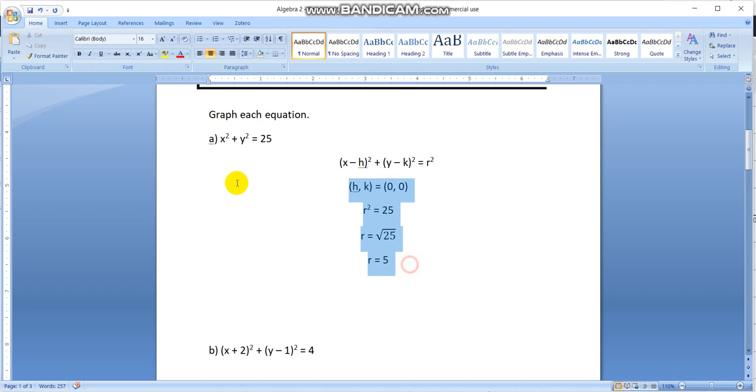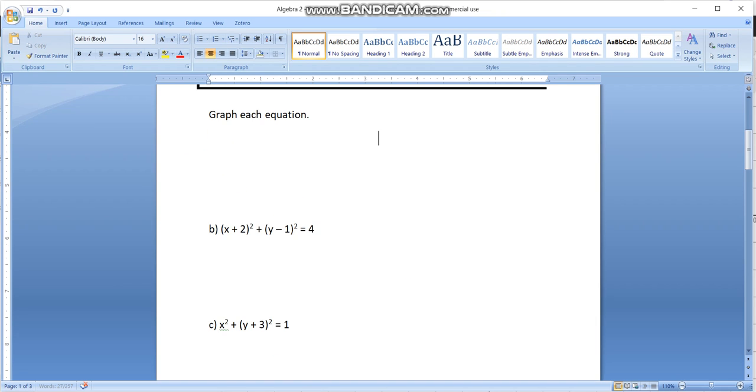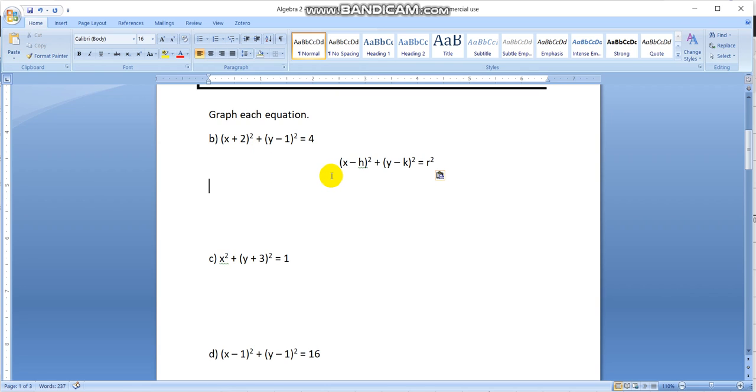Okay, letter B. We want to graph this equation now. Same idea. What some of you might have trouble with is that if you have a plus here, h has to be negative 2. You see that? Two negatives become positive. K is 1.